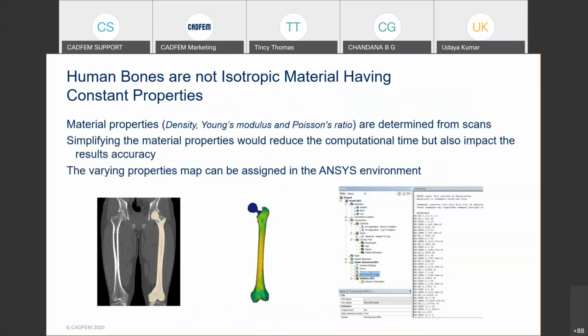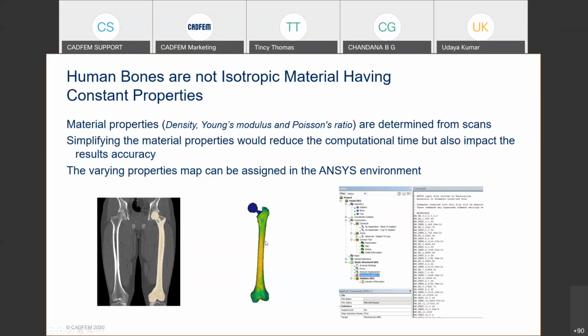Coming into implant sections, as I mentioned earlier, you need to have proper geometry and proper material data as input. Input is very important, only then will the accuracy be higher. You can get the density data by scanning.